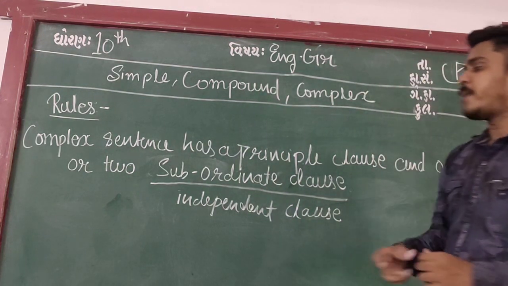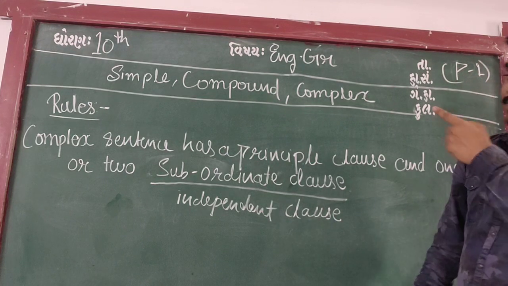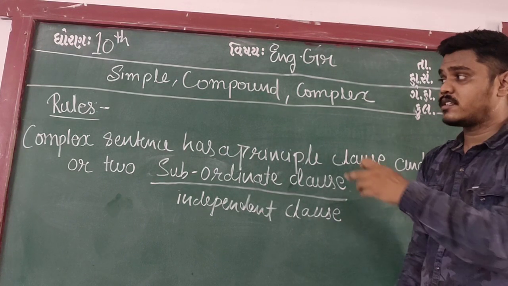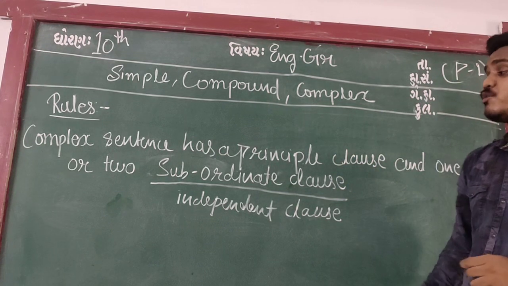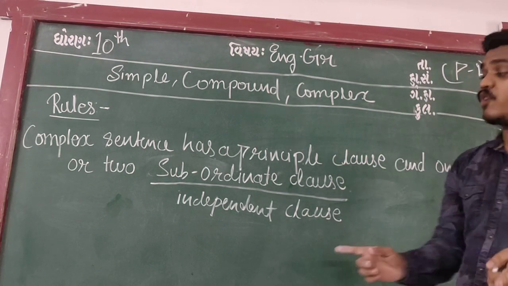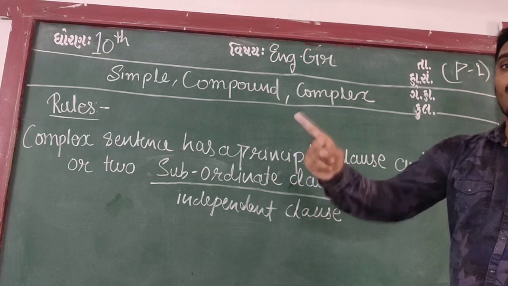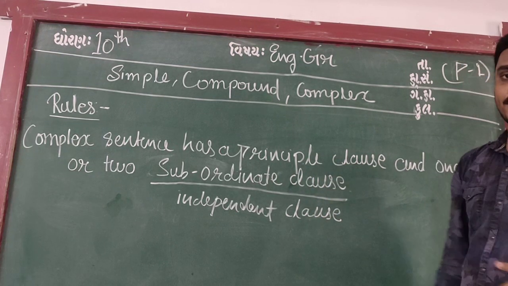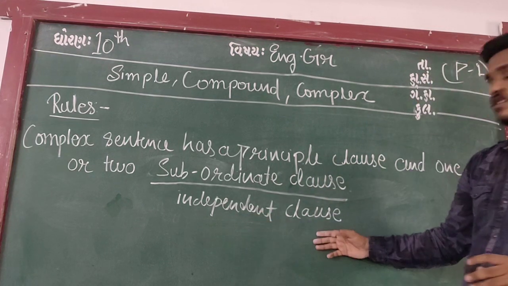Subordinate clause means independent clause. In the previous rule, compound, we came to know about the coordinate clause. That was dependent. It was coordinate, and this is subordinate. Here it is an independent clause.